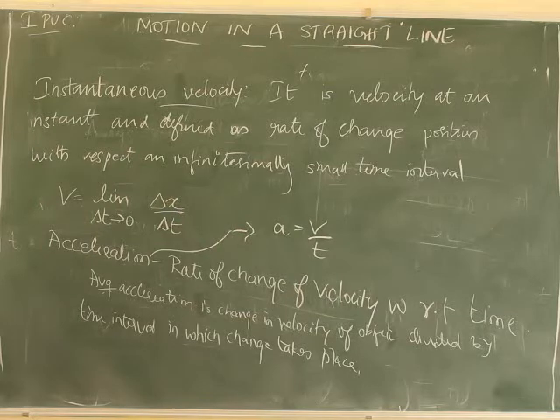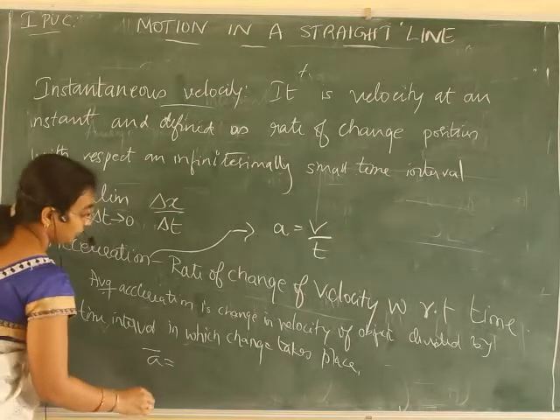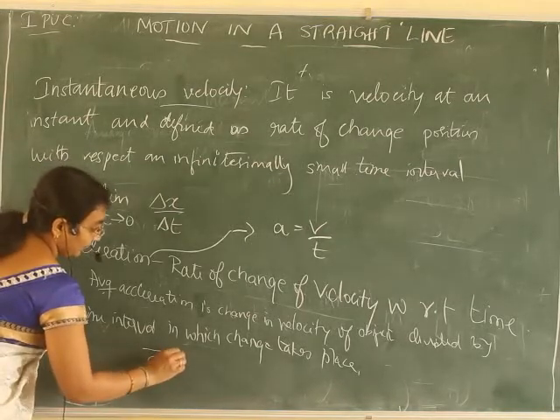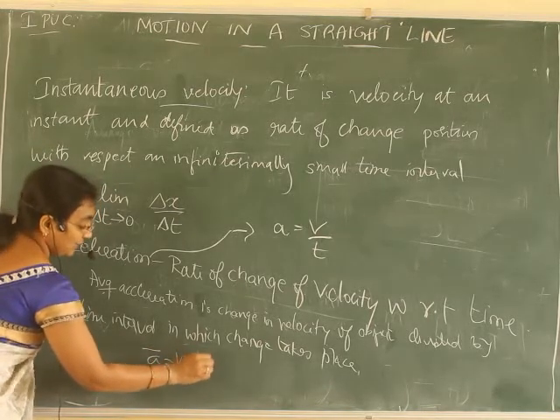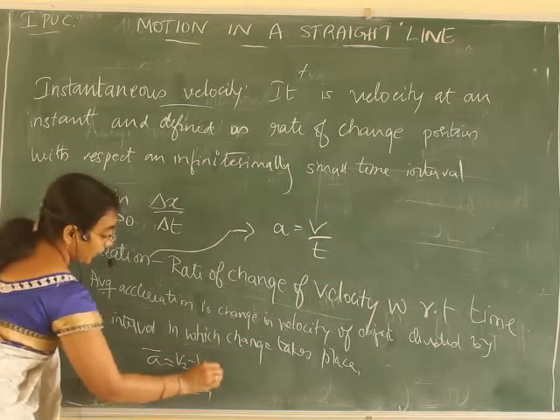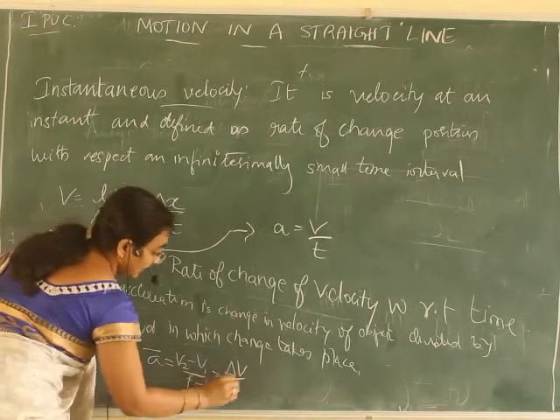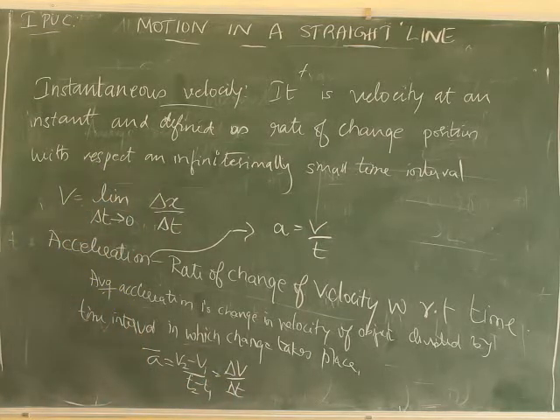A is equal to V by T. Average acceleration, A with a bar, is equal to V2 minus V1 by T2 minus T1, or else delta V by delta T.